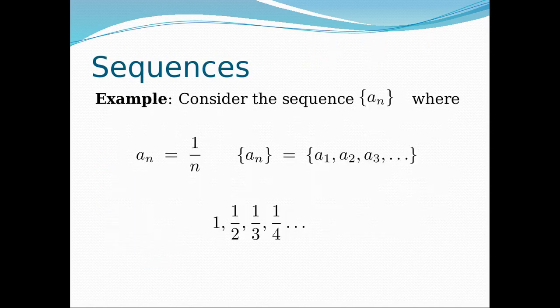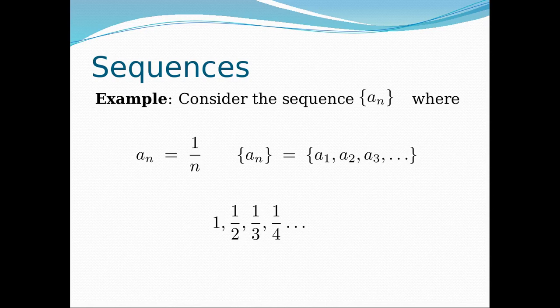So for example, look at the sequence a_n. Now a_n is a term, and the sequence is also a set of numbers. So a_n is given by the formula 1 over n. Now here, if we start with n equal to 0, it would be a huge failure, because 1 over 0 is not defined at all.